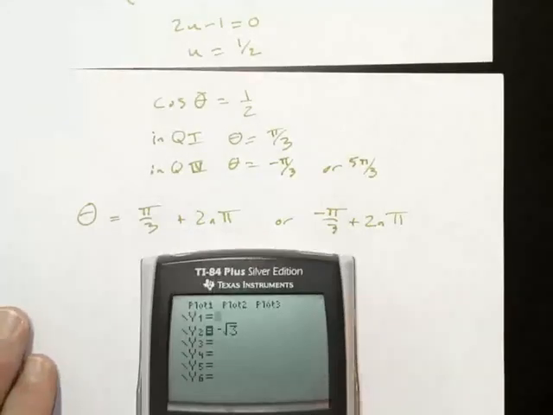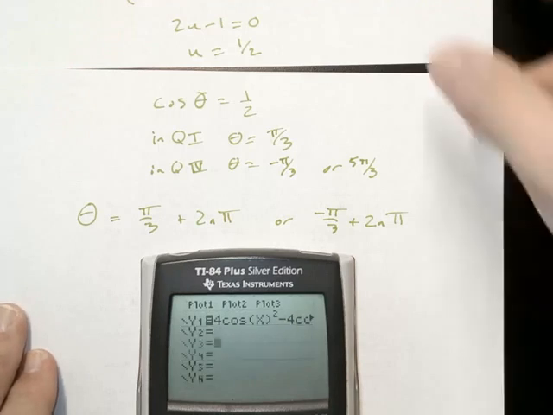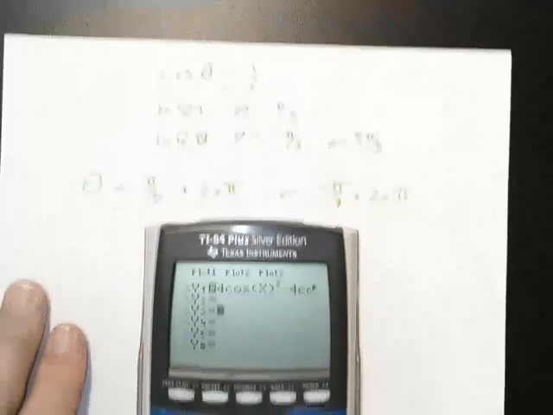So I go back all the way to the original equation. 4 cosine squared minus 4 cosine plus 1. I want to know where that's equal to 0, so I don't even have to graph anything in the second equation.